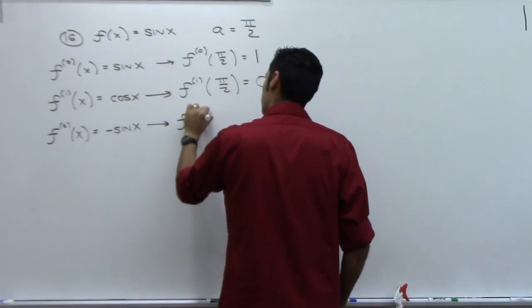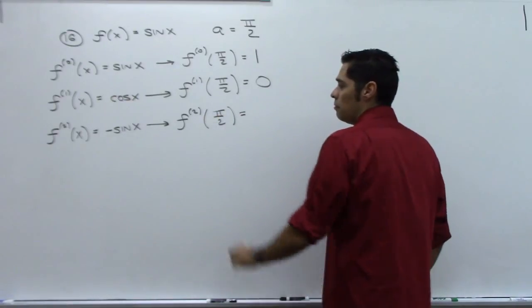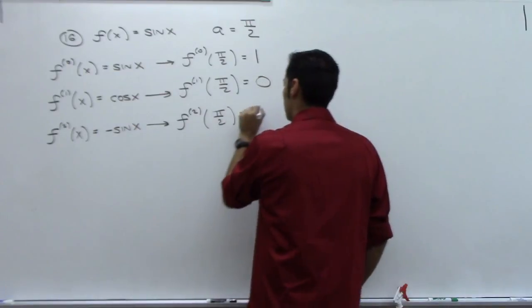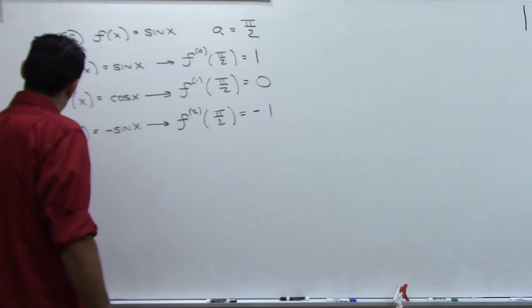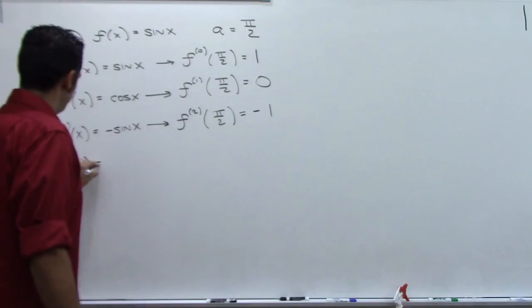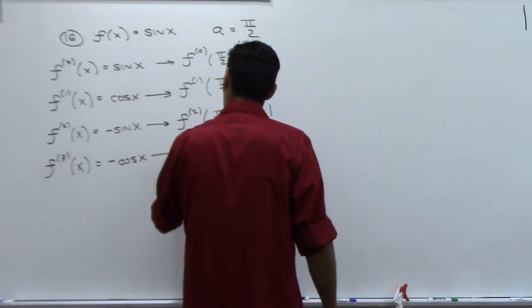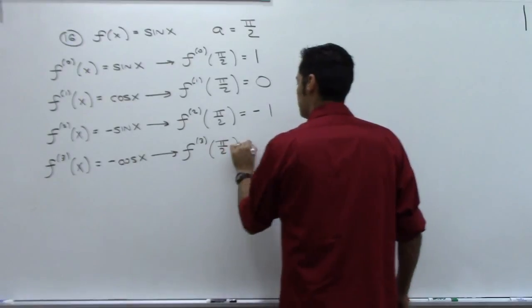Second derivative at pi over 2: sine of pi over 2 is 1, but then make it negative, so negative 1. And then third derivative, the derivative of that is negative cosine x. When we plug in pi over 2, cosine pi over 2 is 0.